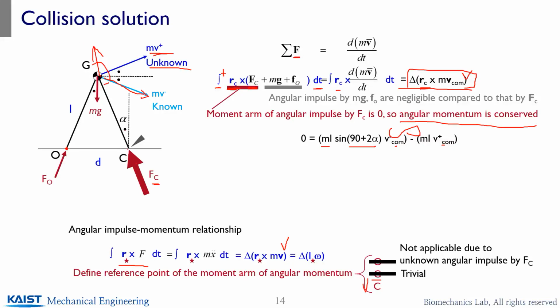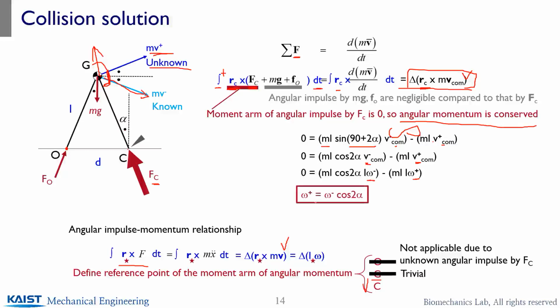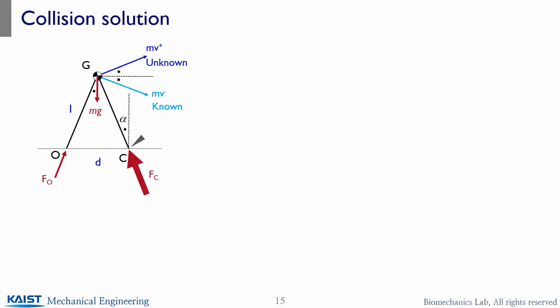Since the L and V plus vectors are perpendicular, you can simply multiply the values. We can rewrite it as cosine 2 alpha times V minus, and V minus and V plus can be expressed by omega, which is L cross omega. So here it's L omega minus and L omega plus. What you get is omega plus equals omega minus times cosine 2 alpha from angular momentum conservation. As you can see, after collision your angular velocity will be decreased by a factor of cosine 2 alpha, which is less than 1.